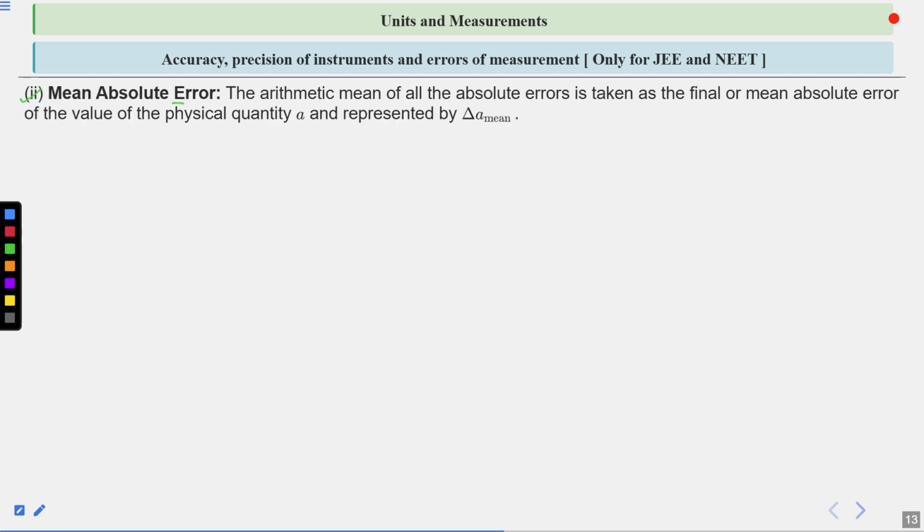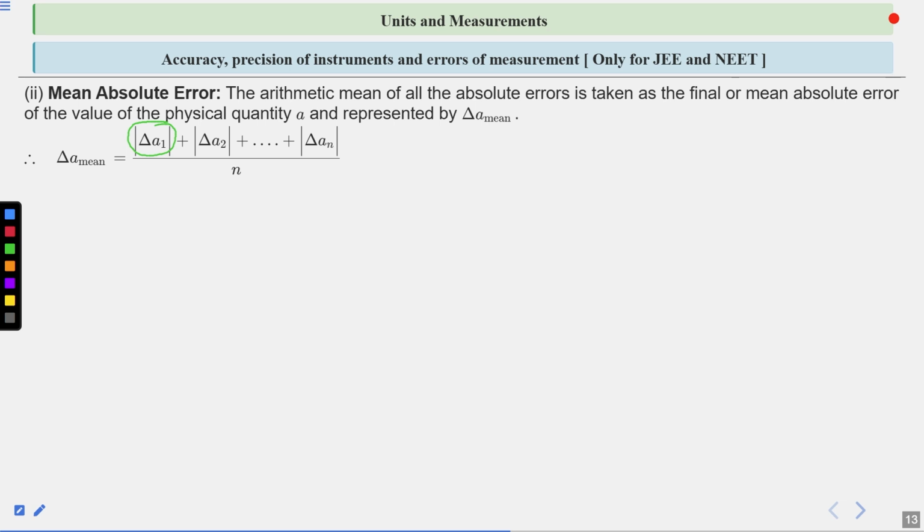Mean absolute error. The arithmetic mean of all the absolute errors is taken as the final or mean absolute error of the value of the physical quantity A, and is represented by ΔA mean. If we want to calculate the mean absolute error, look here: |ΔA1| is the absolute error, similarly |ΔA2| is an absolute error, similarly |ΔAn| is an absolute error.